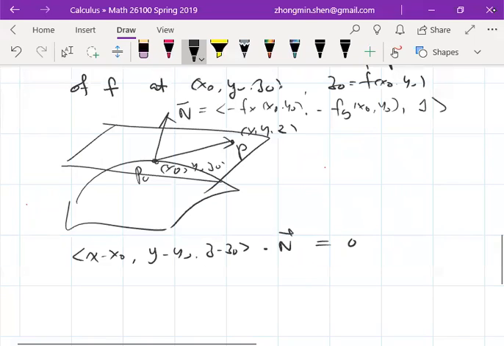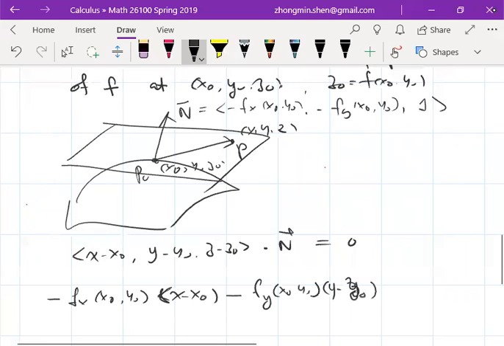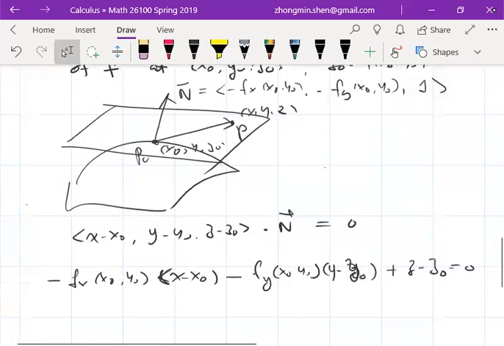I just look at the product, and what I get is negative f_x(x0, y0) times (x minus x naught), minus f_y(x0, y0) times (y minus y naught), plus 1 times (z minus z naught). So this is the equation for the plane.